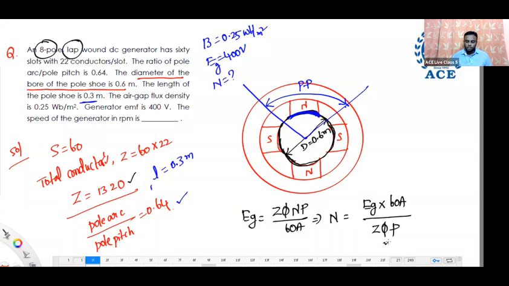Only unknown in this equation is phi, which we have to calculate in this question.